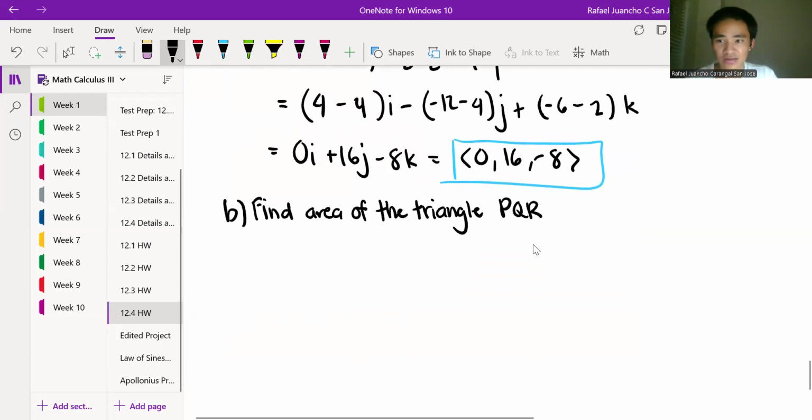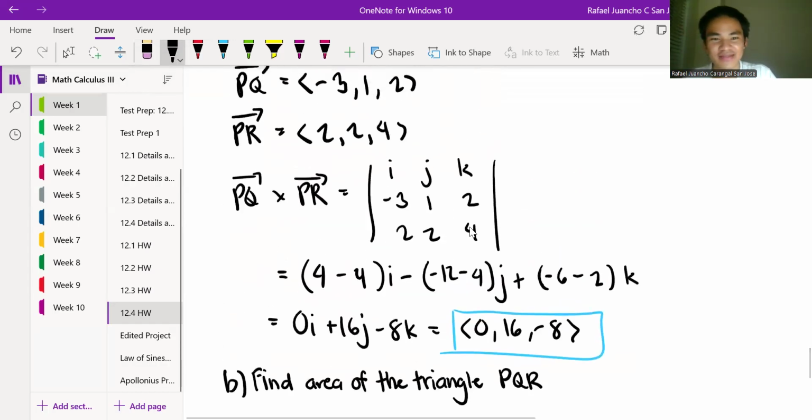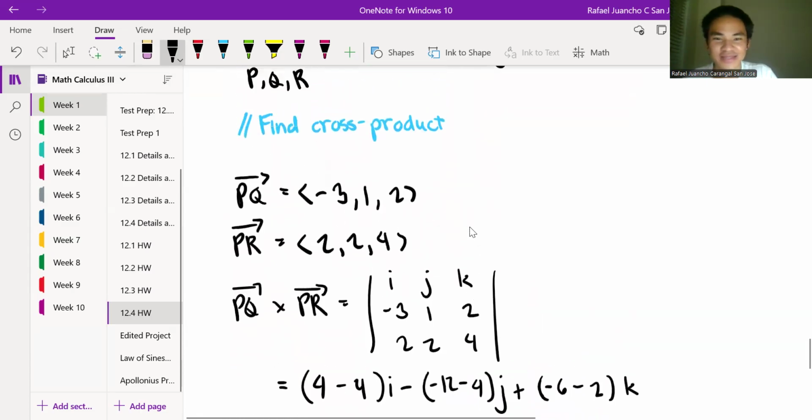If we get the length of the cross product, we get the area of the parallelogram, which is basically the base times the height. And then what if we just divide by 2? Base times height divided by 2, that's the area of the triangle. So we basically get the length and then divide by 2. And then that's it.